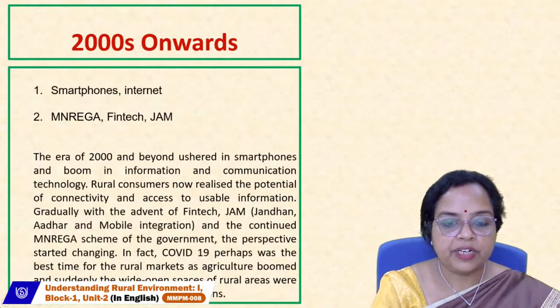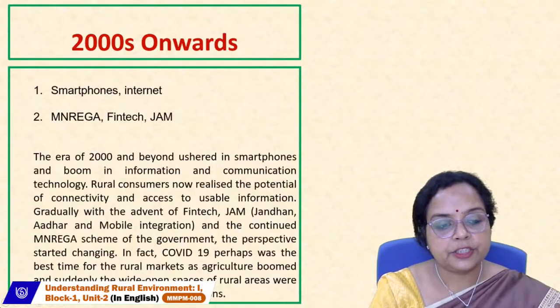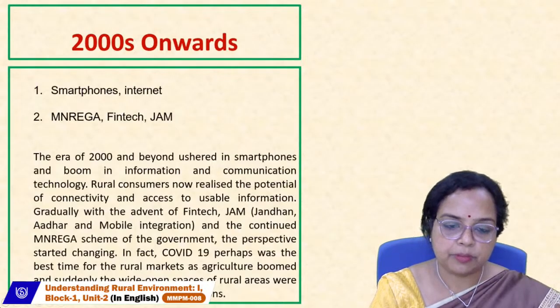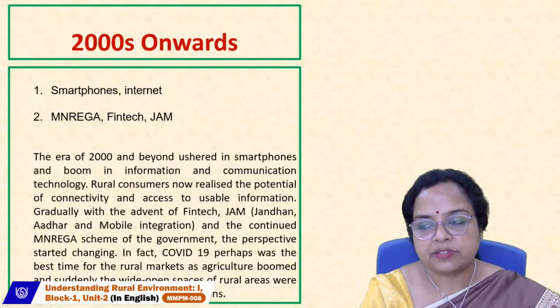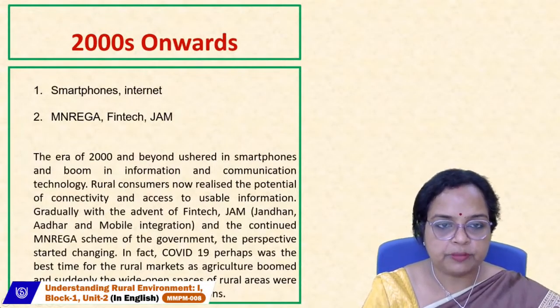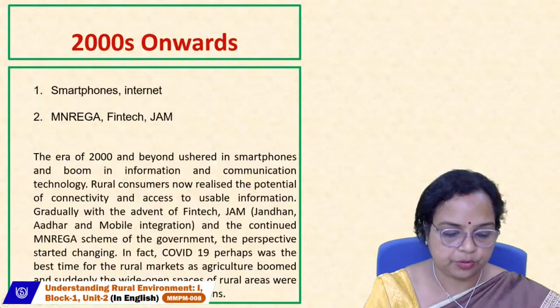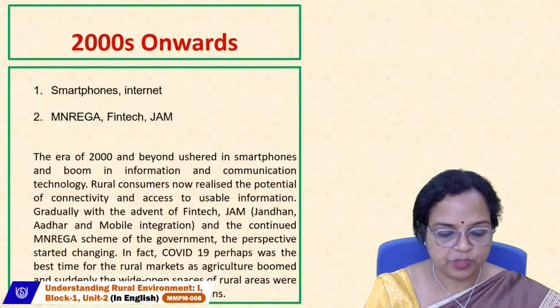Gradually, with the advent of fintech, JAM (Jan Dhan, Aadhaar, and mobile integration), and the continued MGNREGA scheme of the government, the perspective started changing. Simple understanding: during 2000, we all know the internet was in rapid use. When it comes to the internet, it is all about information.